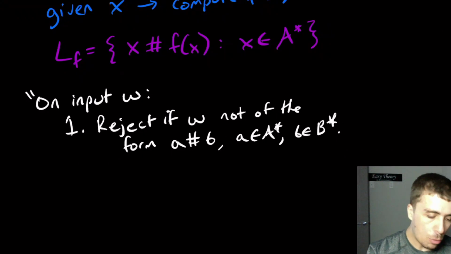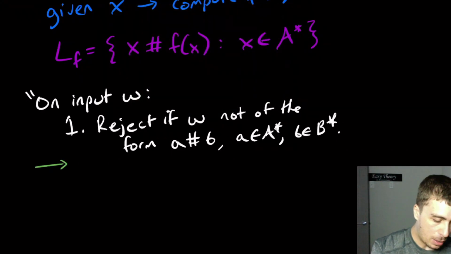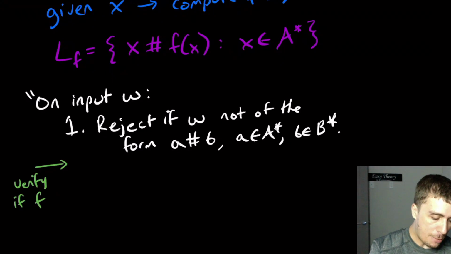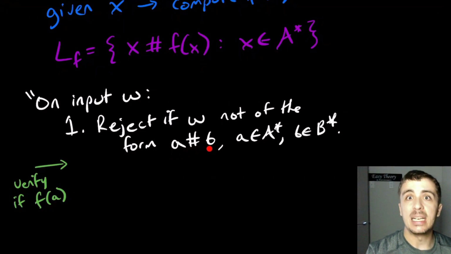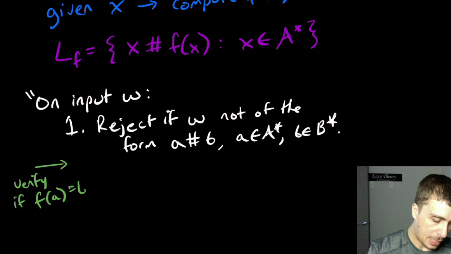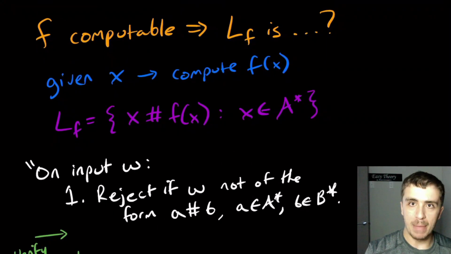Okay, so now, at this point, what we want to do is verify if f applied to A, which is the thing on the left side here, is equal to B. Well, the thing is, f is computable, right? Because that's the assumption that we're making here.